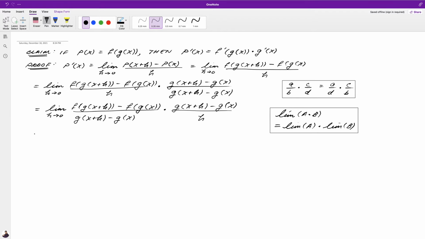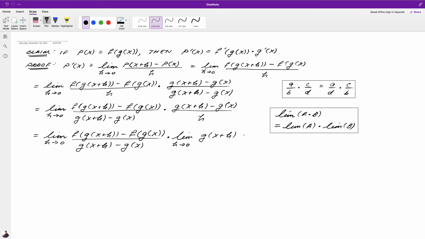So I can take this and consider this as actually the limit as h trends to 0 of f of g of x plus h minus f of g of x over g of x plus h minus g of x, times the limit as h trends to 0, using this property, of g of x plus h minus g of x all over h.